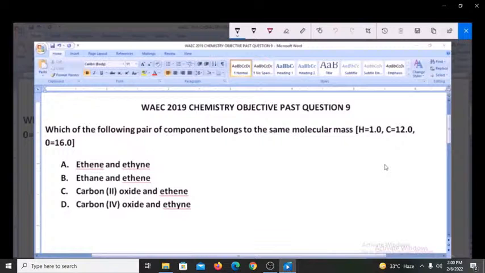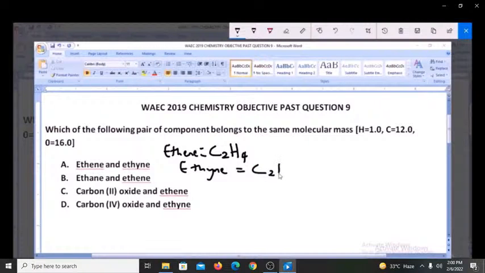So the first step will be to write down the chemical formulae of each of the compounds given to us. For ethene, the chemical formula is C2H4. We have ethyne, chemical formula C2H2.